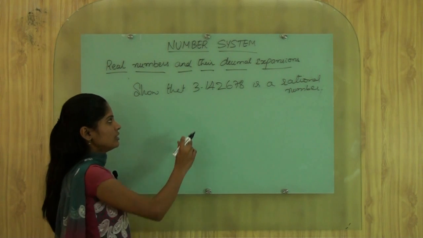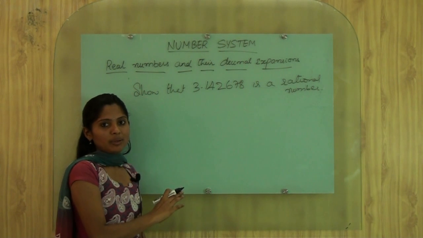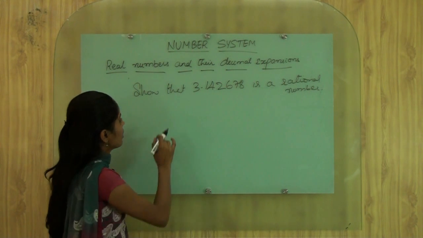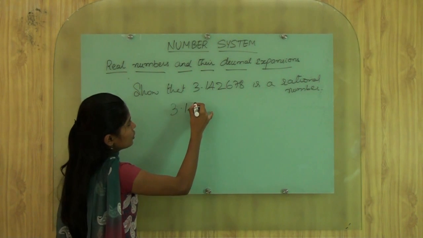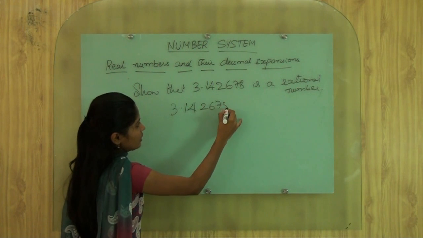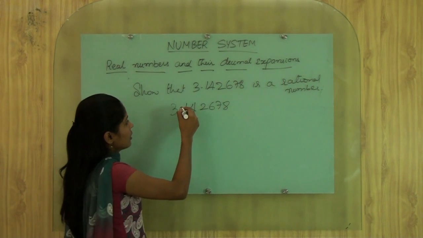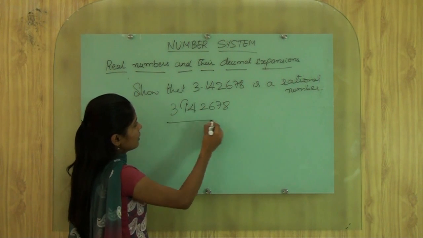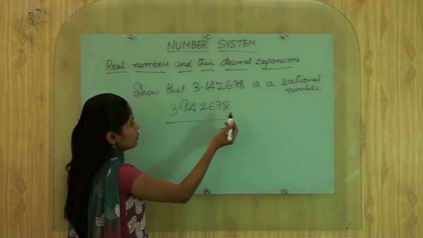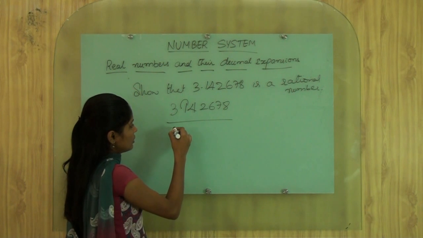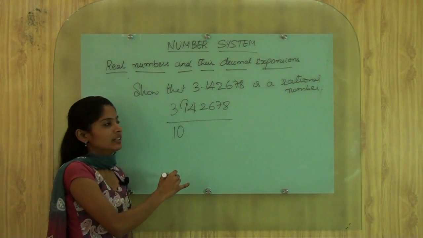So we have to represent 3.142678 in the form of P by Q. How do you represent it? Write 3.142678. Go on shifting the decimal places. If you shift this point towards the right side, then you take 1 and 0 below as the denominator.